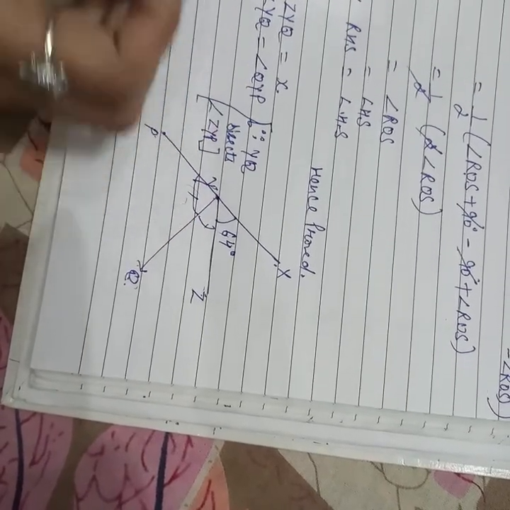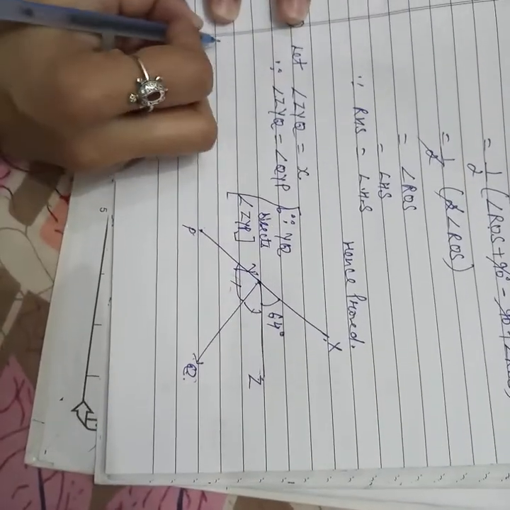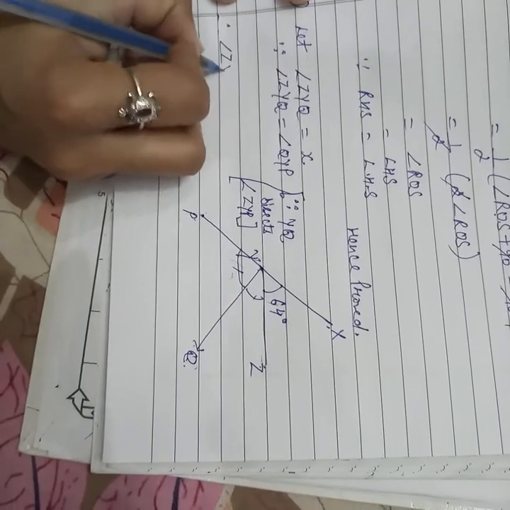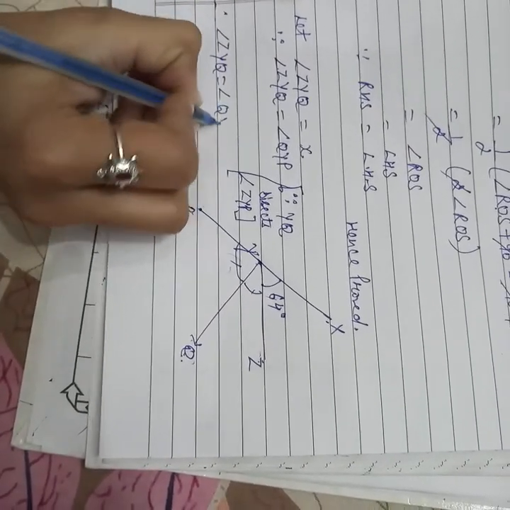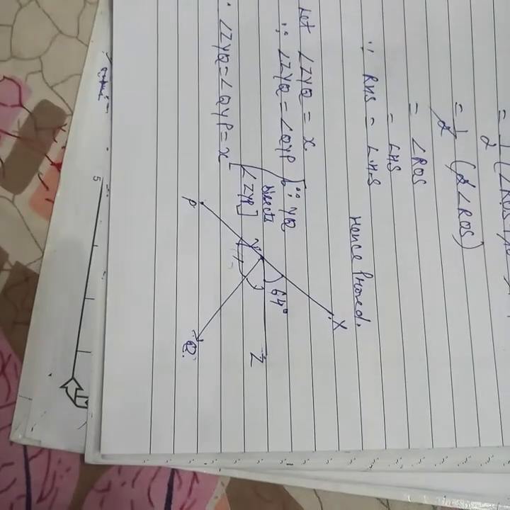This is the reason. Therefore ZYQ equals QYP equals x.